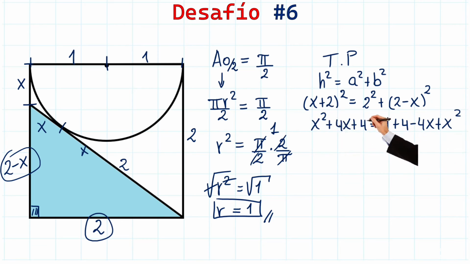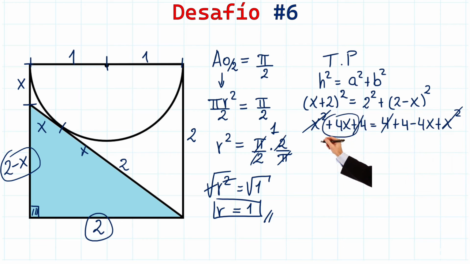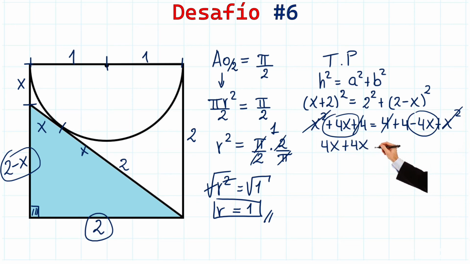Great. And look how wonderfully everything cancels out here: x squared, 4 here, 4 here. Let's put x on the left side and the numbers on the other. Over here we have 4x, and this 4x here, when moved to the right side, becomes positive 4x. So what we have is 4x plus 4x, that is 8x, is equal to 4.